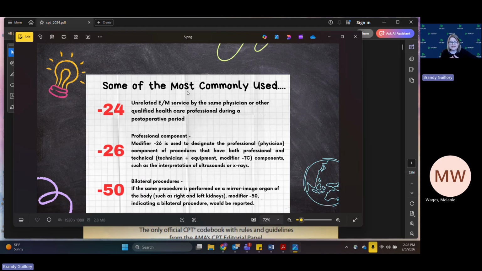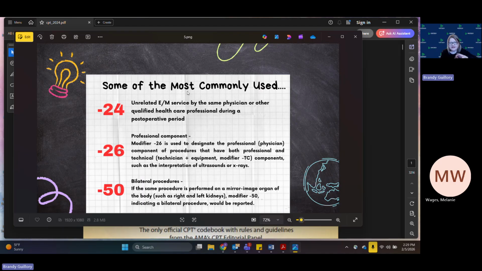All right, so 26 is your professional component. And that's, again, designated to the professional physician component of procedures that have both a professional and a technical, which means like the doctor part of it, and then like the equipment part of it, like the x-ray machines, and then the doctor services, right?